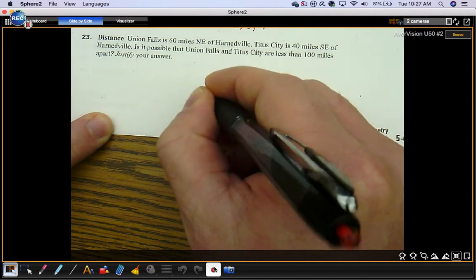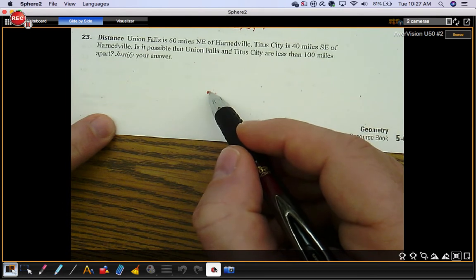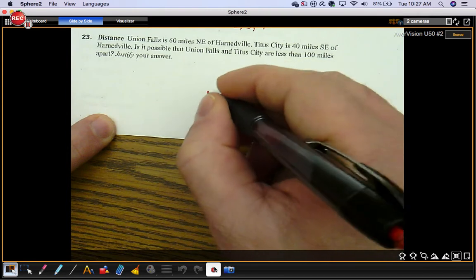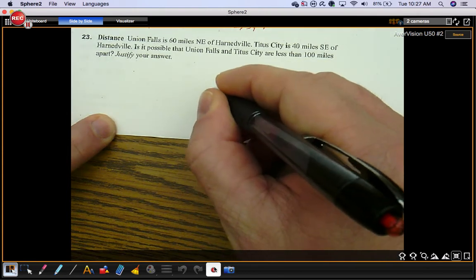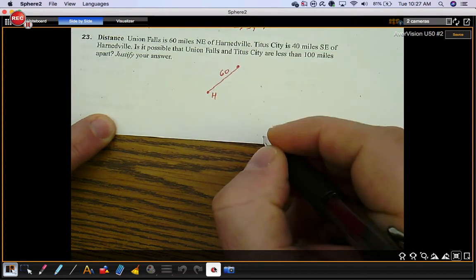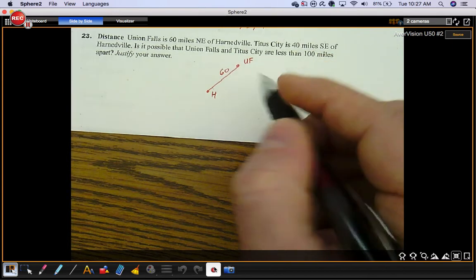Okay, so Harnedville is what they're basing everything off of. So let's say Harnedville is here. Union Falls is 60 miles northeast of that. So I'm going this way, 60 miles to get this city, Union Falls. So I'm using 2 letters there to name that point.